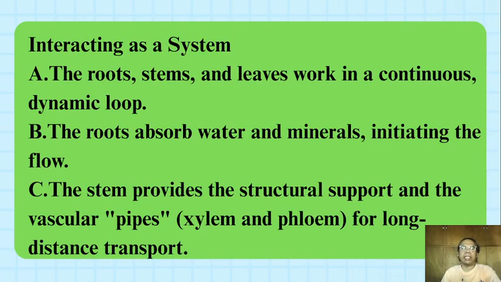Interacting as a system. The roots, stems, and leaves work in a continuous, dynamic loop. The roots absorb water and minerals, initiating the flow. The stem provides the structural support and the vascular pipes, xylem and phloem, for long-distance transport.